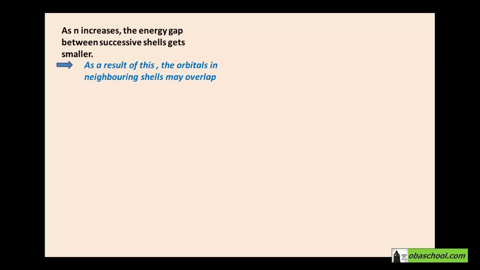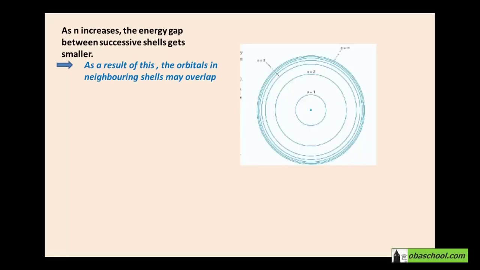As we go through shell 1, 2, 3, the shells are closer and closer to each other. As we can see in this picture, the orbitals in the neighboring shells may overlap.